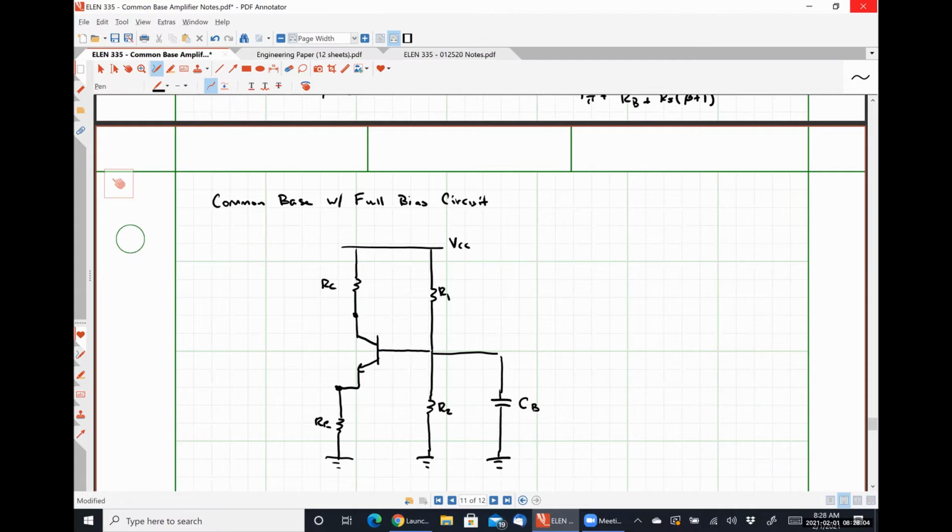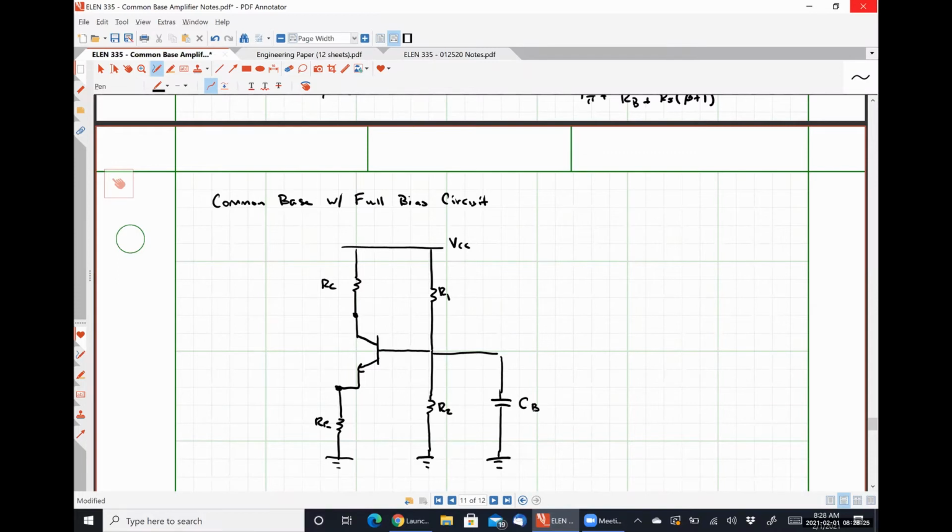R2 is also shorted out because it's directly in parallel with that short circuit. So we have effectively completely eliminated our base resistance by putting that one capacitor in that particular configuration. So we get rid of that large term that's lowering our gain.